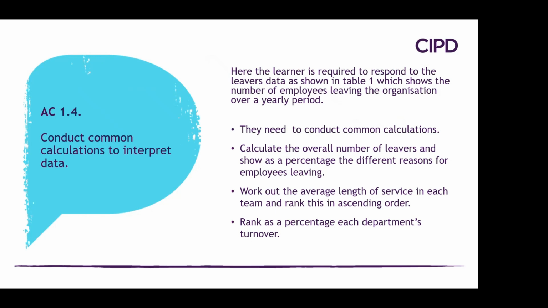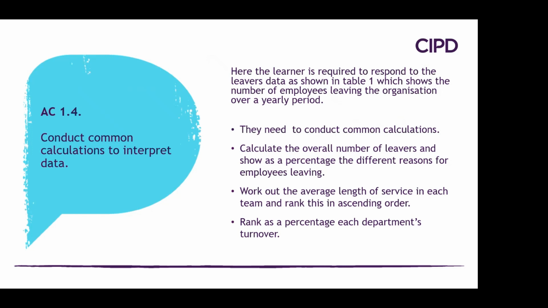the assignment. The first one is AC 1.4, which requires you to conduct common calculations to interpret data. So here you're required to respond to the leavers data as shown in table 1, which shows the number of employees leaving the organisation over a yearly period.